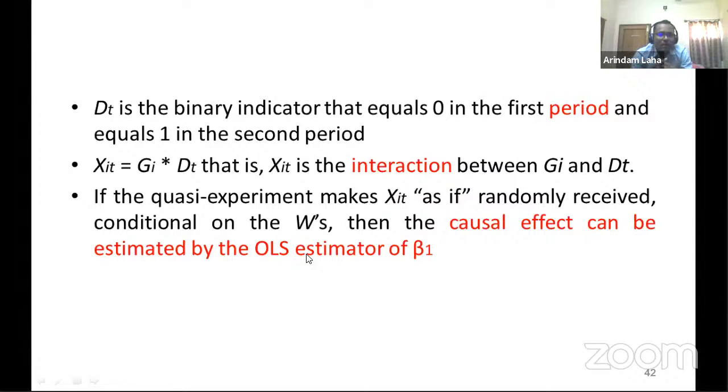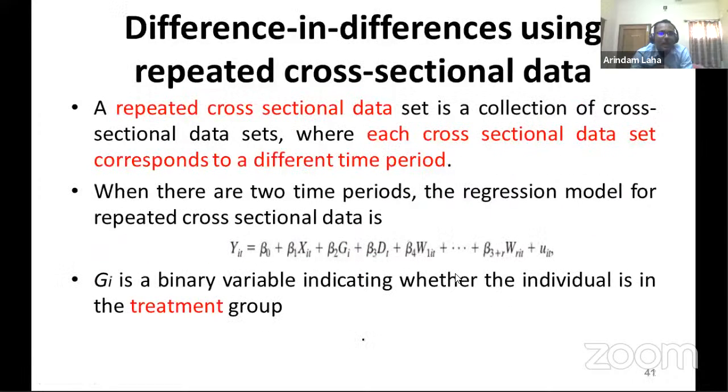Both temporal and spatial dimensions are present in this variable. There may also be some other control variable, W, which stands for other controls. You can include a control variable or you may not. So this is a general representation of the problem, the empirical specification.